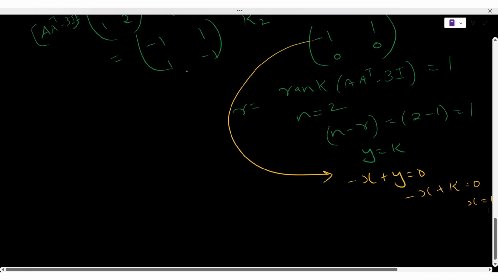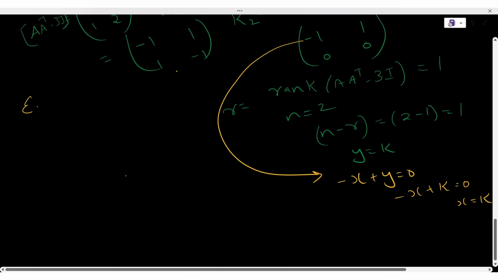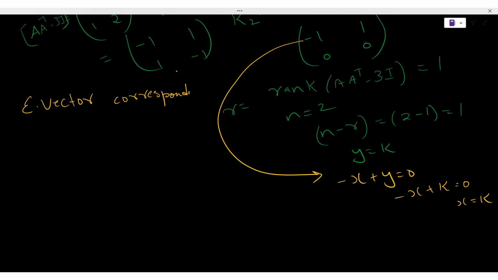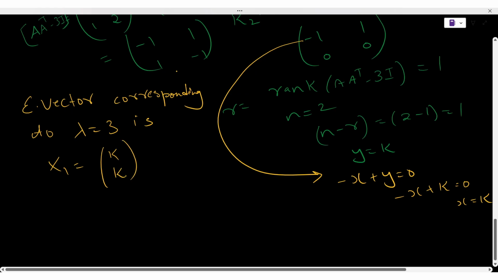So for eigenvector corresponding to lambda is equal to 3, let us say this is x1, k and k.